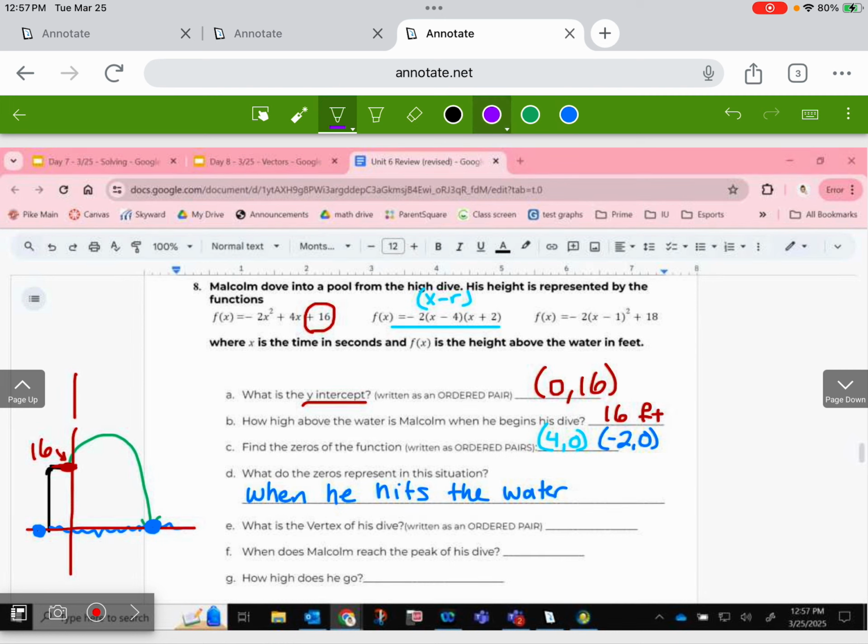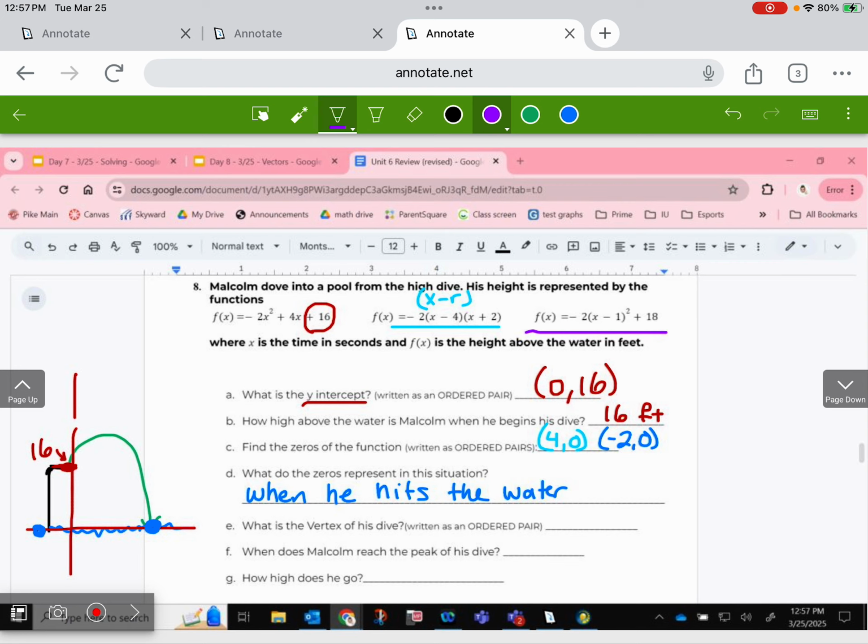How about, where's our vertex? Where do we get our vertex from? Vertex form. So that'll be this guy over here that we didn't use yet.